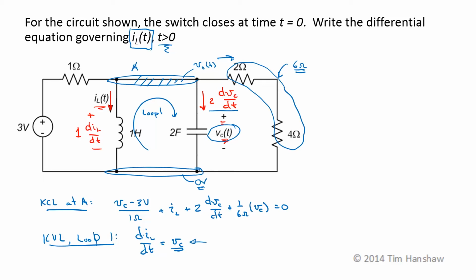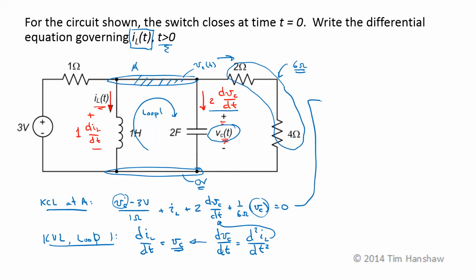So this says V sub C is dIL by dt, so I can plug that in for this expression and this expression here, and I need its derivative, so taking the derivative of both sides of that, dVc by dt is equal to the second derivative of I with respect to time. And that can go in there.